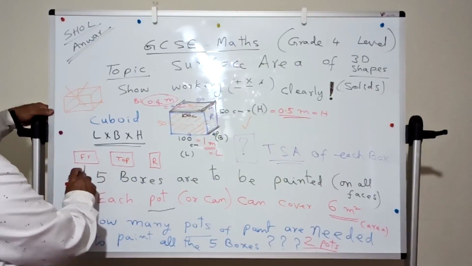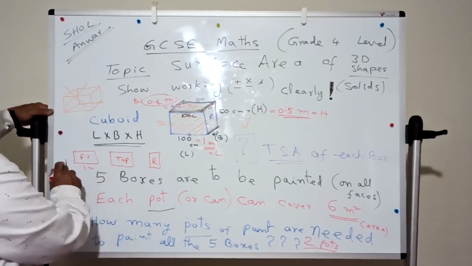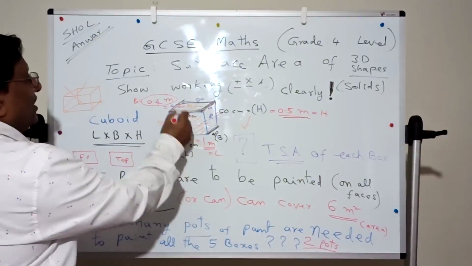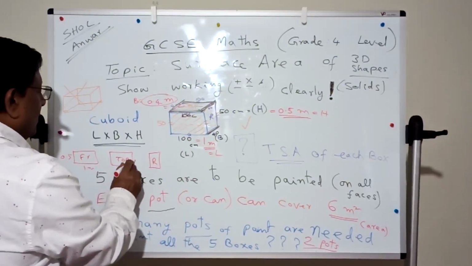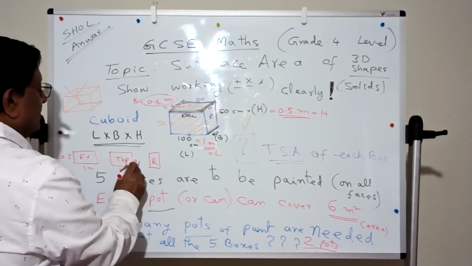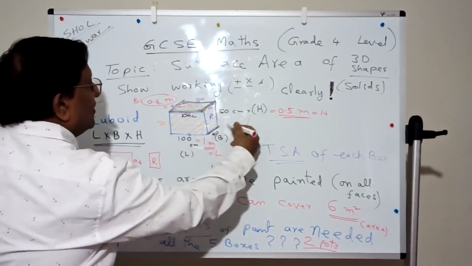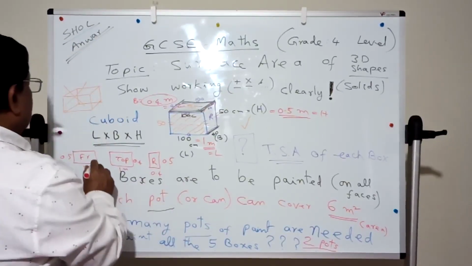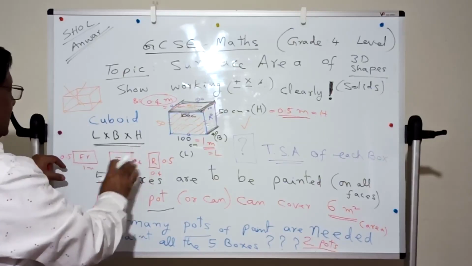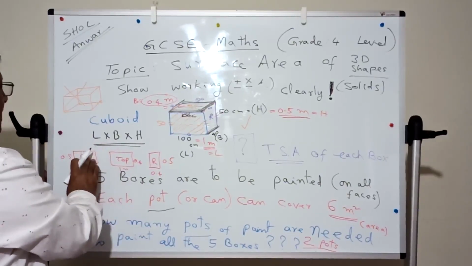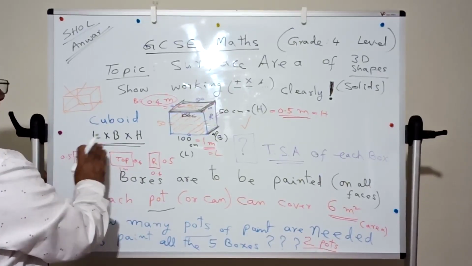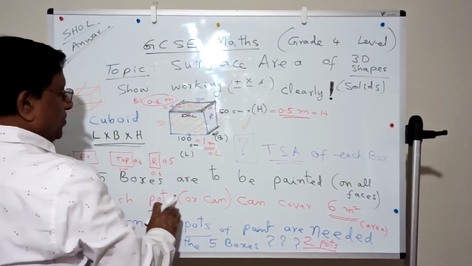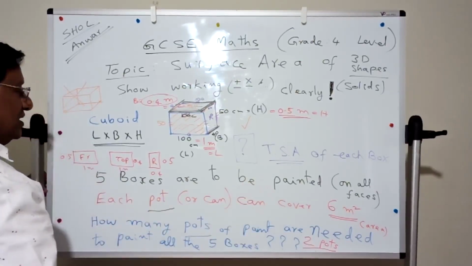Front means the rectangle is 1 meter by 0.5 meter, and top means 1 meter by 0.4 meter, and right side surface is 0.4 by 0.5. This is 0.4 and this is 0.5. Okay, these 3 rectangles, each rectangle's surface area you find out, and 2 times this area plus this area plus this, that will be the total area, and each part can cover 6 square meters.